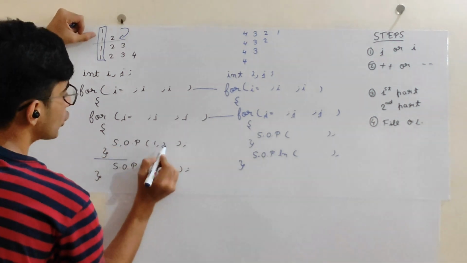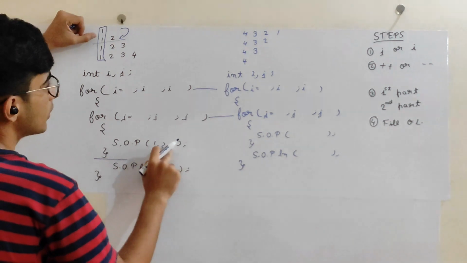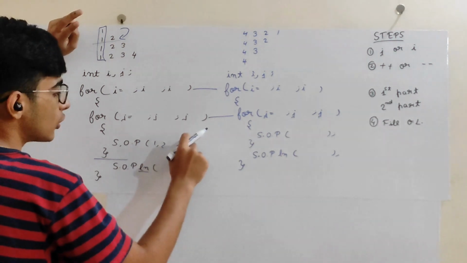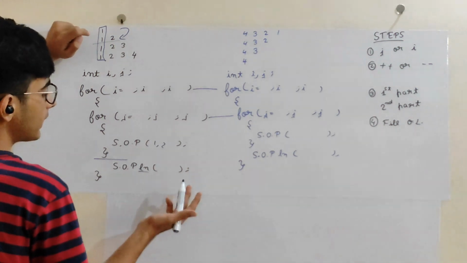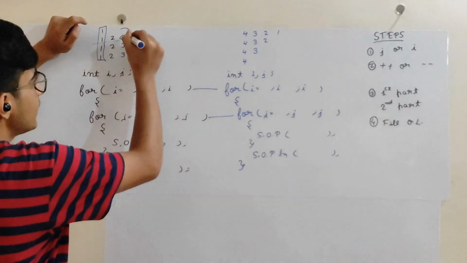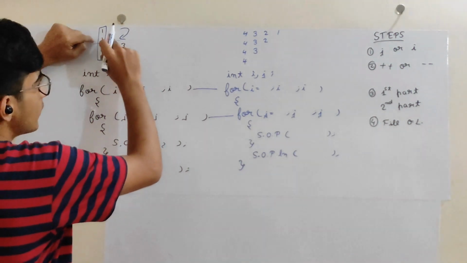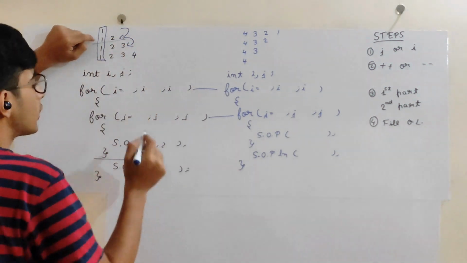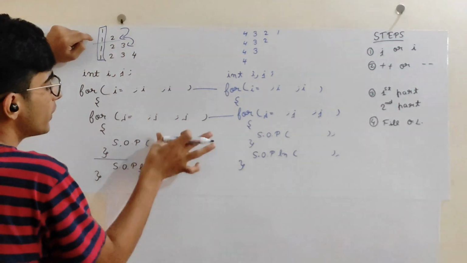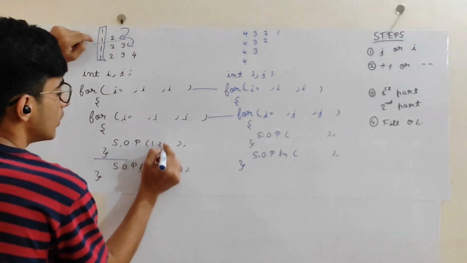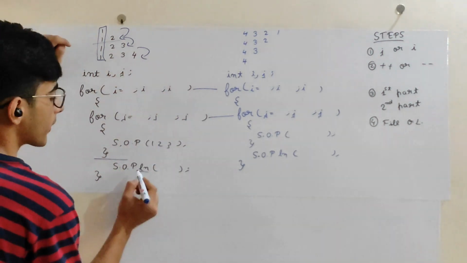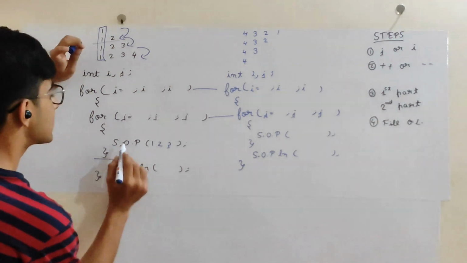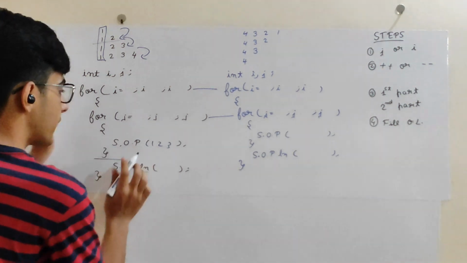It will print 2 times, the cursor will move outside the loop, and LN will leave a line. Then the cursor will come here and 1 2 3 will be printed, and again the cursor will move from here to here. This is the function of LN and this is the function of SOP.